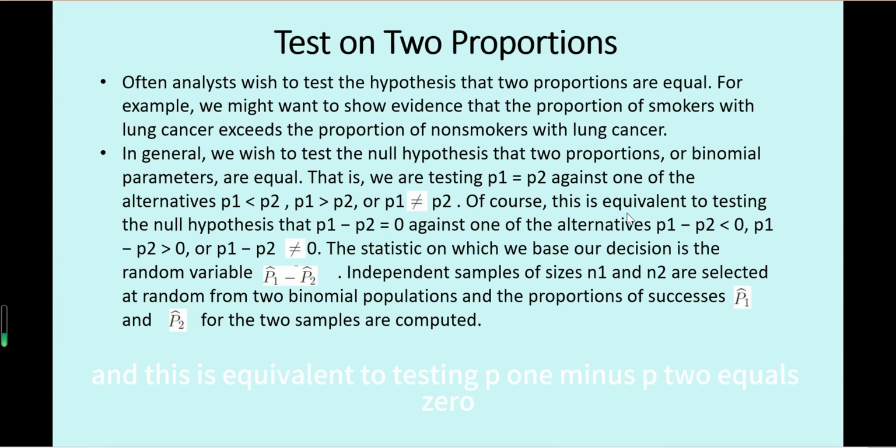And this is equivalent to testing P1 minus P2 equals 0 against one of the alternatives, P1 minus P2 less than 0, or P1 minus P2 larger than 0, or say P1 minus P2 not equal to 0. So from the sample, the decision is based on a random variable P1 hat minus P2 hat. So P1 hat, P2 hat are the proportions of success in two samples, right?